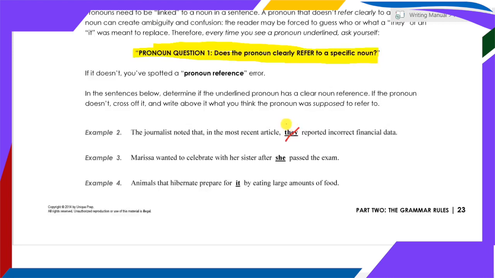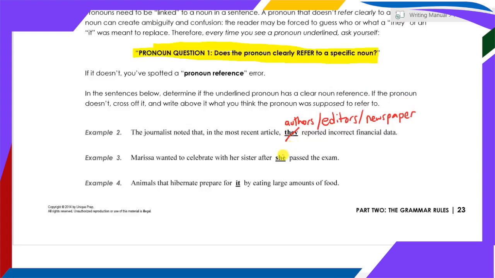So we would have to assume that the they was referring to the authors of the article, maybe the editors of the article, maybe the newspaper reported the incorrect financial data. The bottom line is we have no idea to whom the they refers, and therefore that they is an unreferenced or ambiguous pronoun.